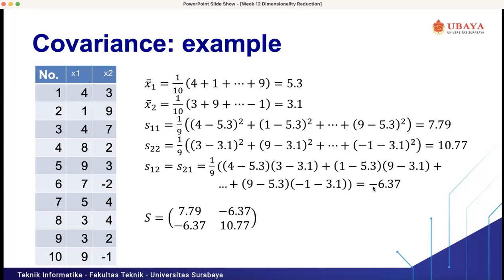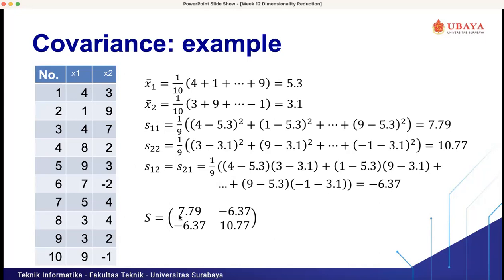Then we have minus 6.37. After we calculate the covariance between x1 and x2, x1 and x1, and x2 and x2, then we can draw a covariance matrix here.